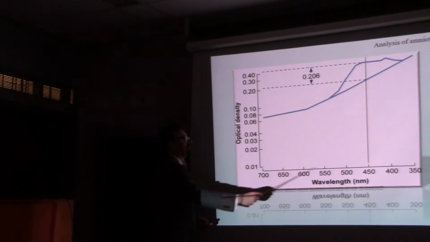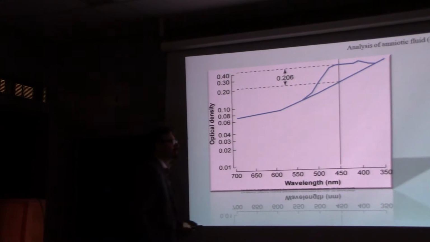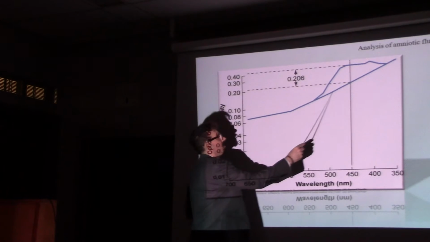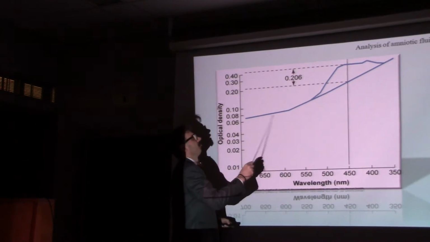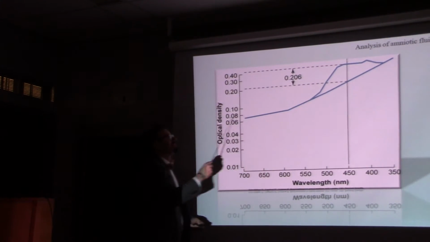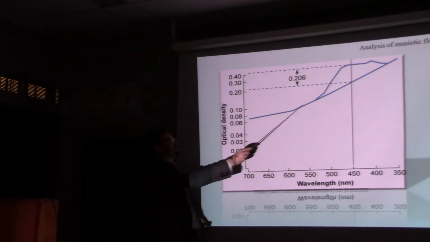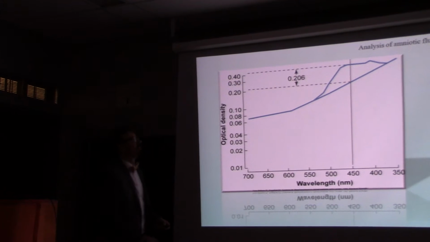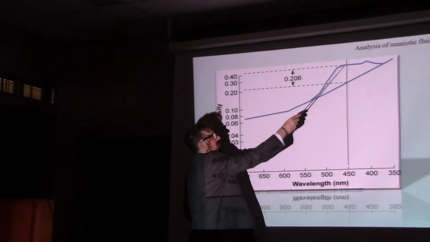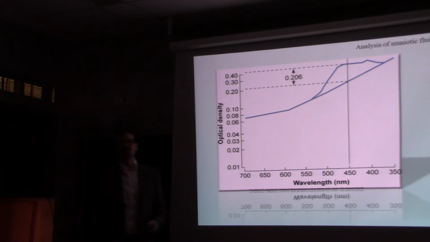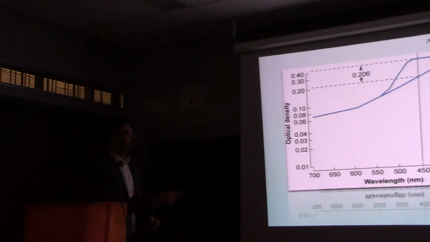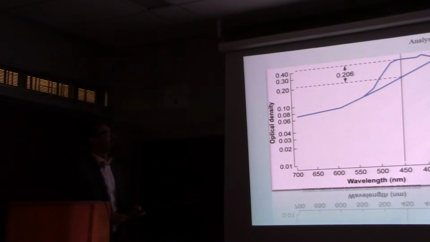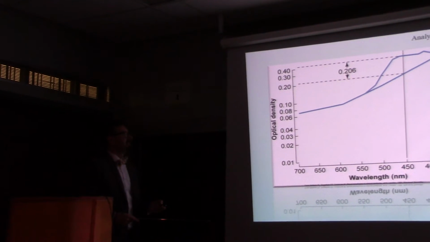So here are the wavelengths. You want to look at 450 nanometers. This solid blue line, well, they're both solid, but the bottom blue line is the standard. The curvy blue line represents the patient. So all you do is take the difference between the patient and the standard curve at 450, and you look at the delta, or the change in optical density.